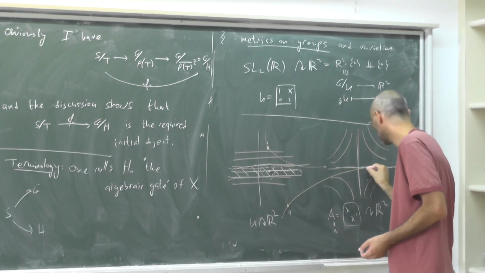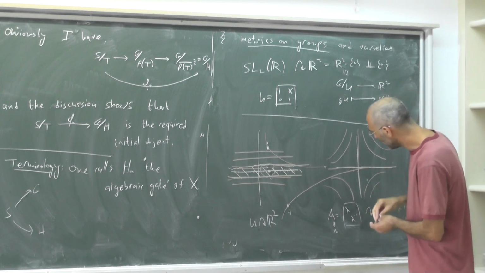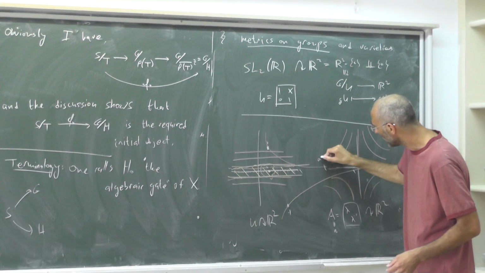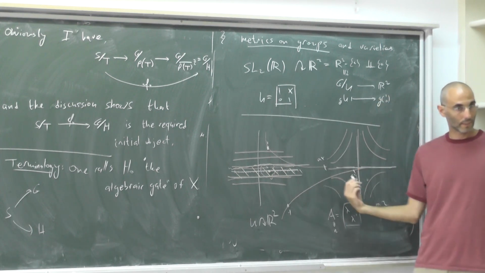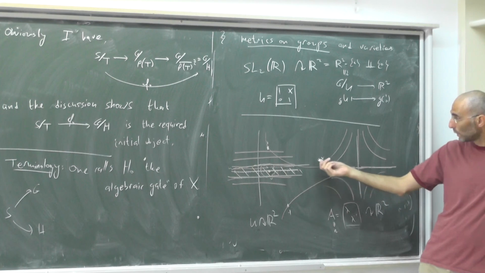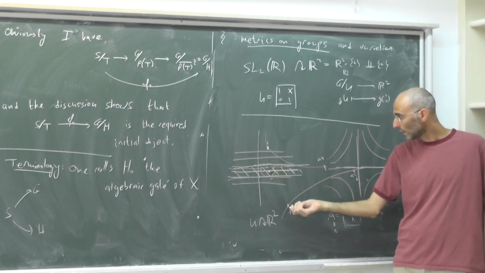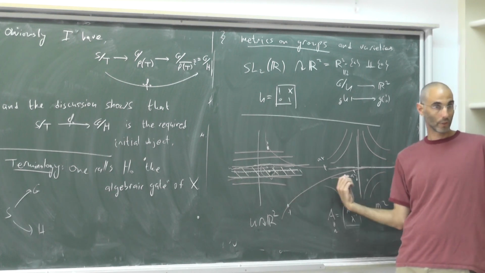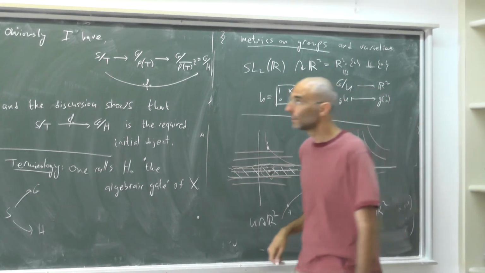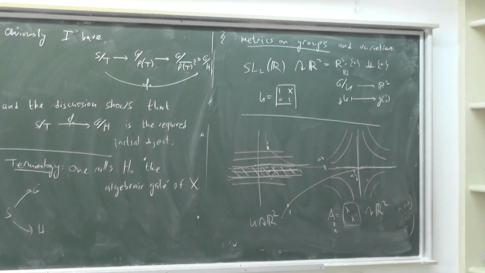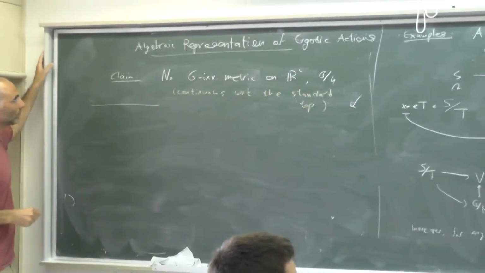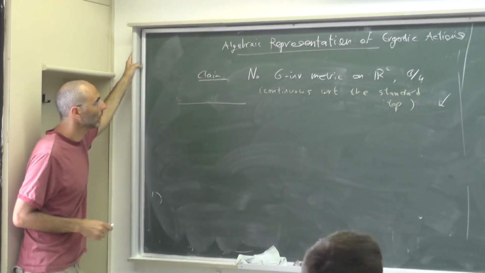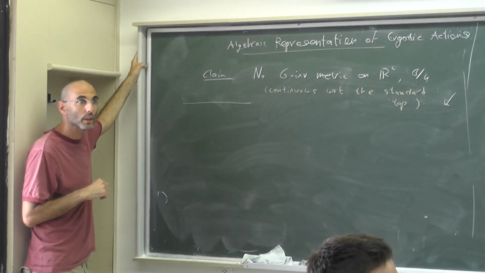So ax and ay will be in the strip. The distance between ax and ay is the same as the distance between x and y, but both are in a strip of diameter less than 2 epsilon. So this is arbitrarily small as well. Okay? I explained that, right? Break is good, yes.